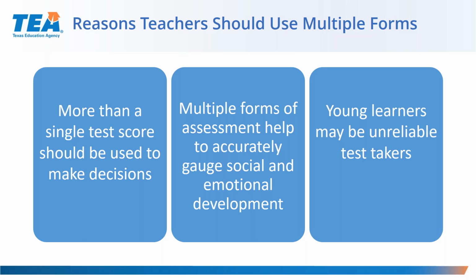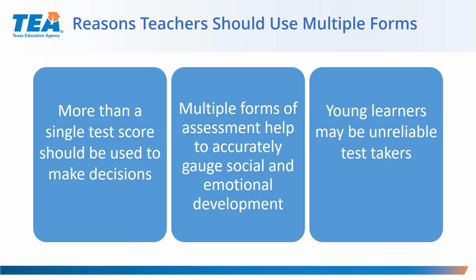Young children are often considered unreliable test takers, and part of that is the nature of child development. As you all know, a skill or behavior that is present one day may not be there the next day, but is then back the day after that. So development, especially as new skills and behaviors are learned, is not constant within a child.